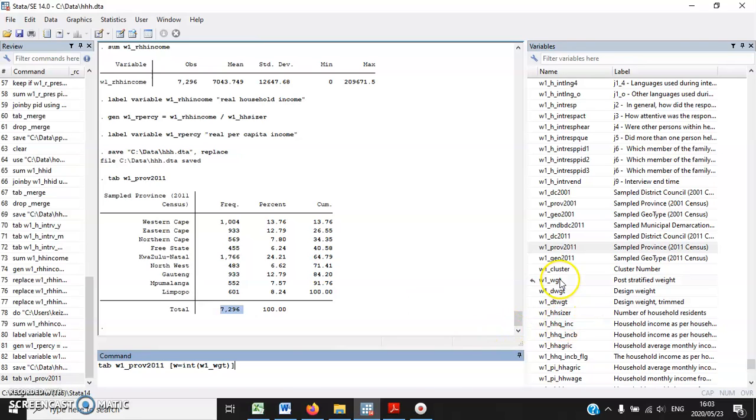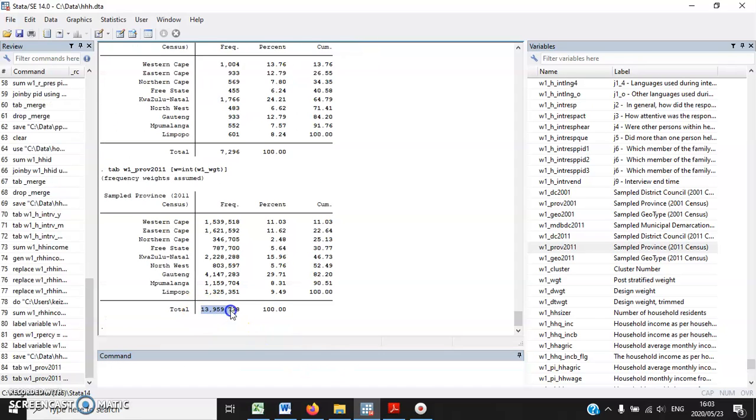I can remember how to type the variable because I've been analyzing the NIDS data for quite a while, actually. Okay, so that's the weighted figure. Close to 14 million households. Okay. Oh, and Saldru is so friendly, creating the label for the province variable.